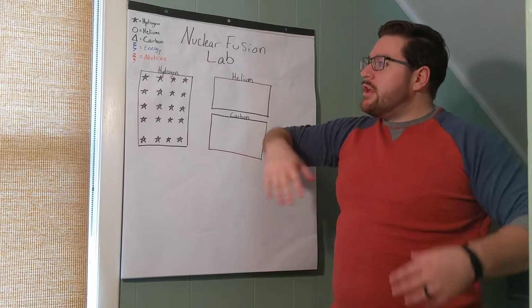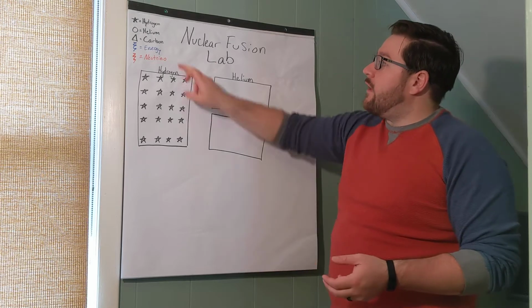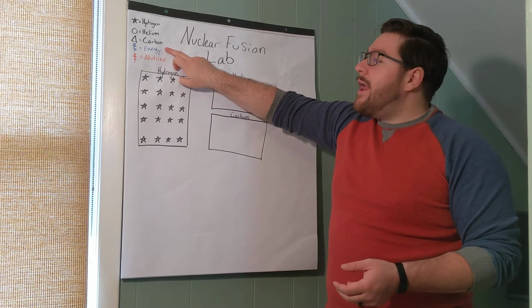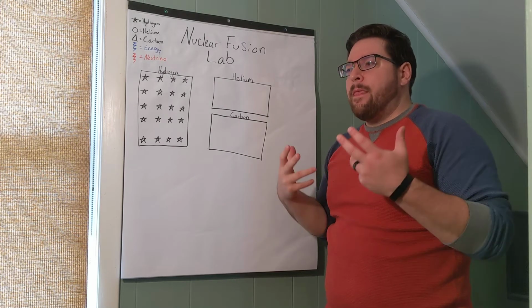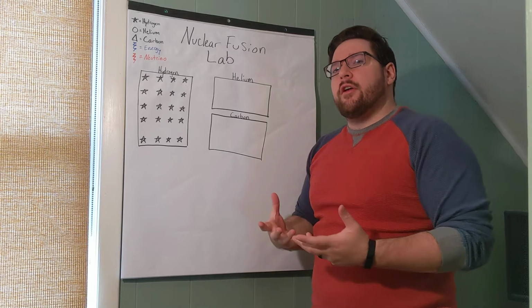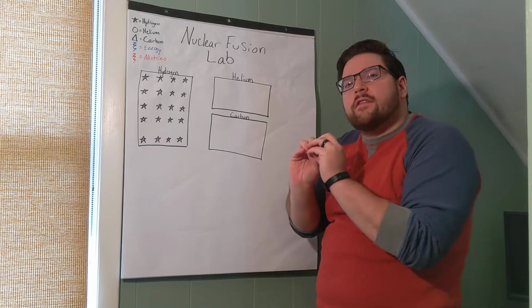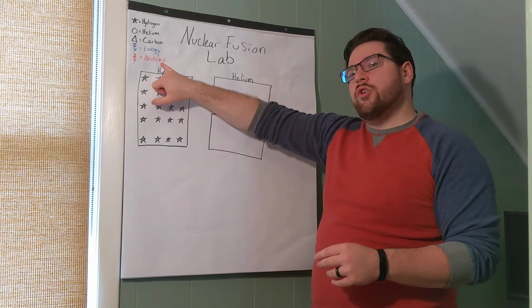Every nuclear fusion reaction produces energy, and there's even a little bit of a loss of mass, meaning that even though the nucleus overall is getting bigger inside the atom, there's a little bit that's shot off in the process, and we call that a neutrino.